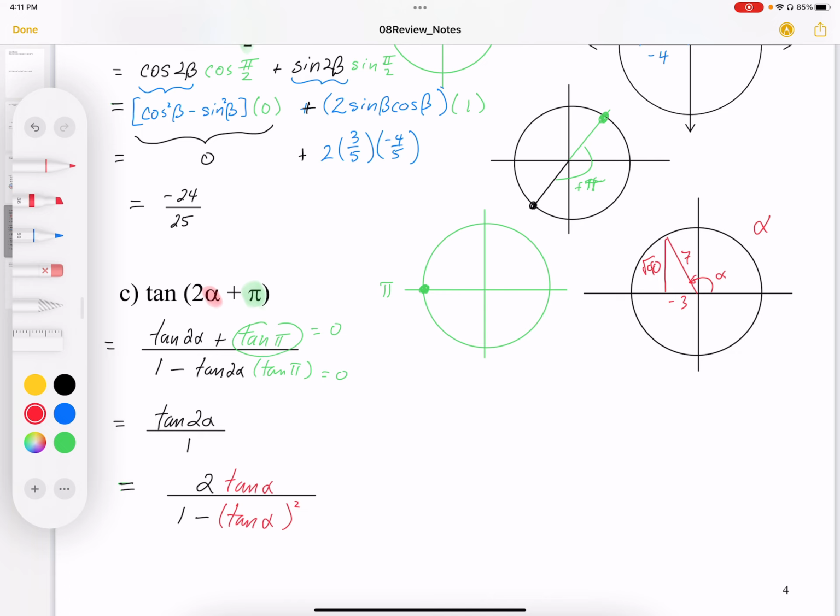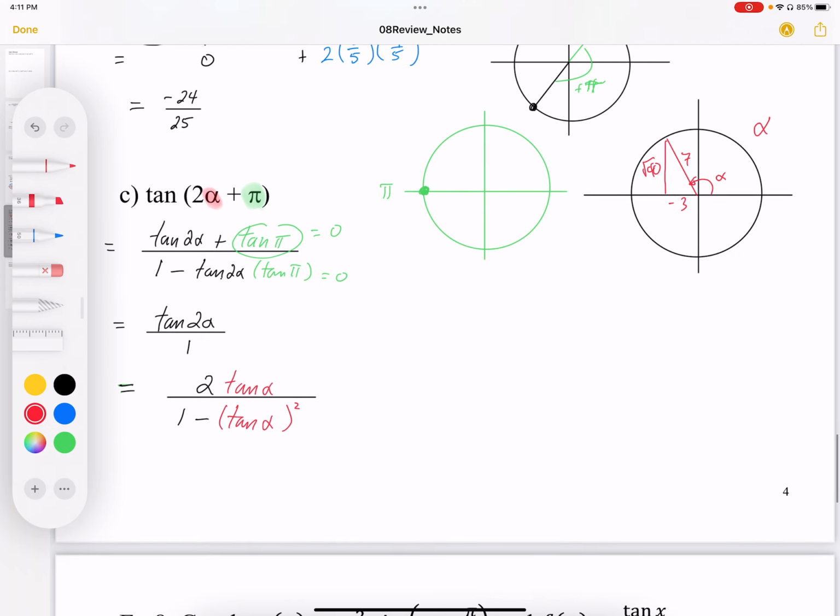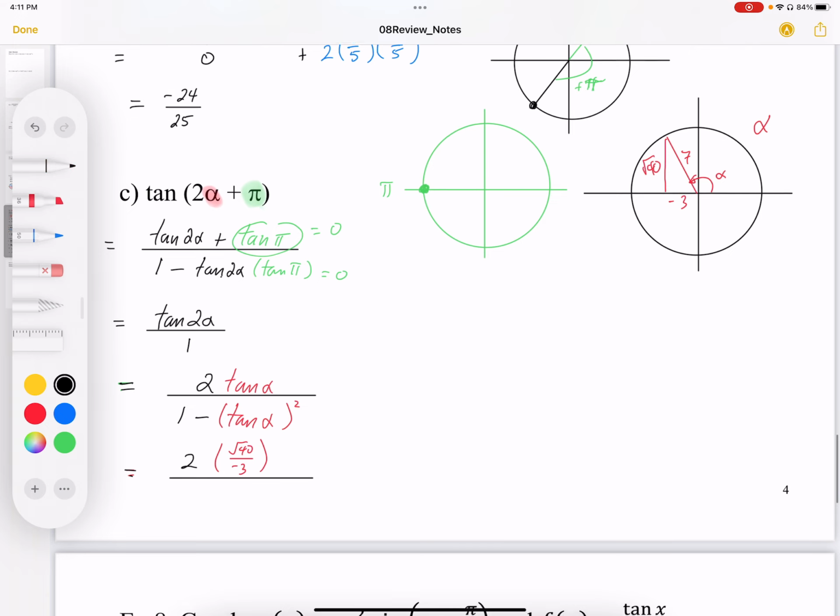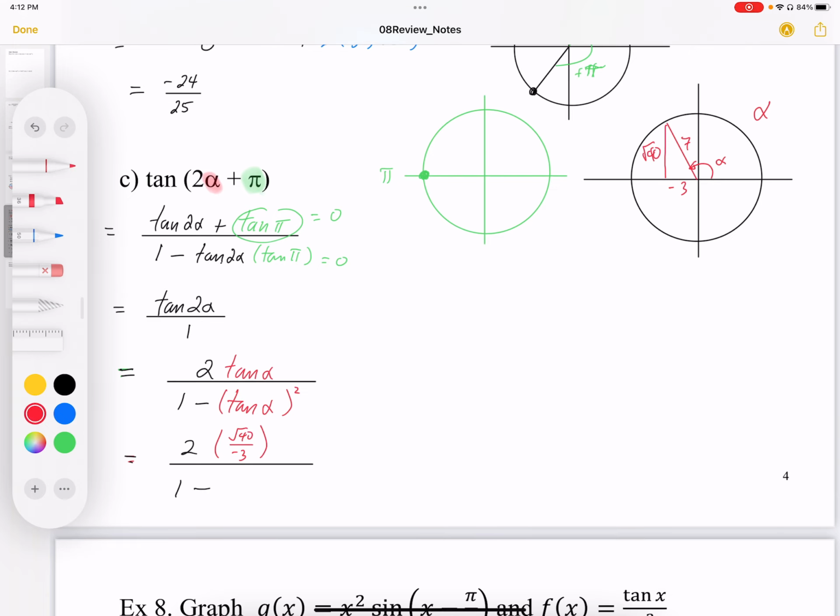Then I go to my picture and I can just do my substitution. This becomes 2 times, in my picture, my tan alpha is going to be root 40 over negative 3. And then in the denominator, I can replace the same thing: 1 minus root 40 over negative 3, all squared.